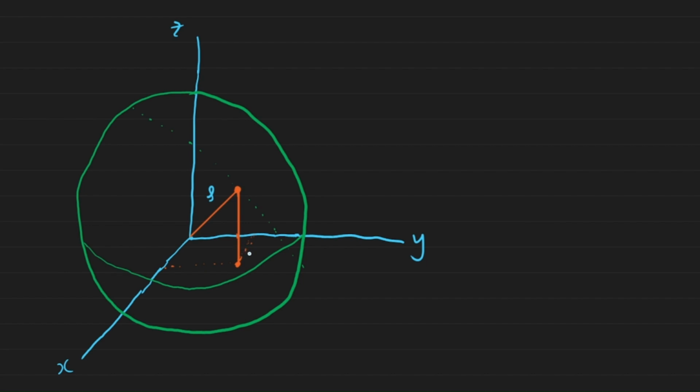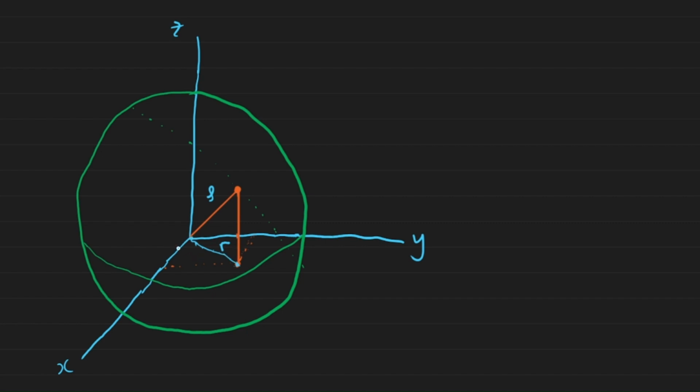And then we have theta. So theta remains somewhat as it was from cylindrical coordinates, but instead of the angle to a point, it's actually the angle between the projection of the point. So what I'm saying is, if we have this point, and then we project this point on the xy plane, and then we define some other variable, maybe r, to be the distance from the origin to the projection of the point.